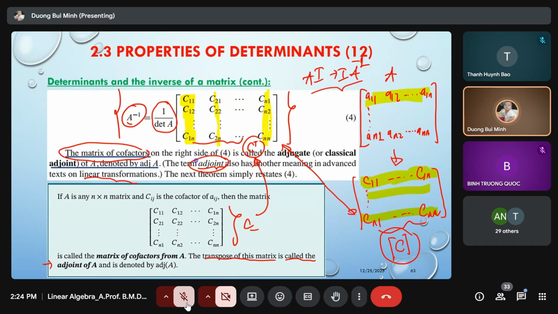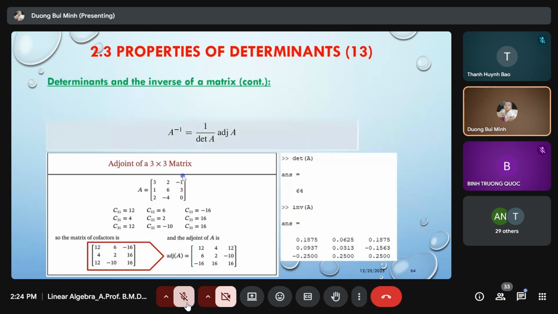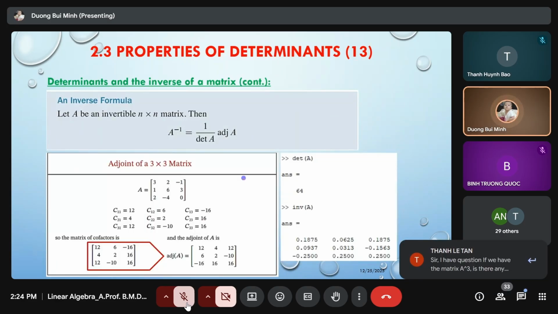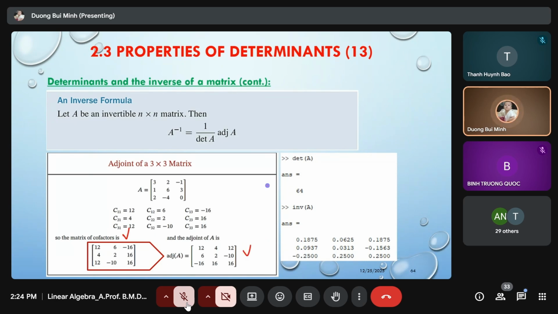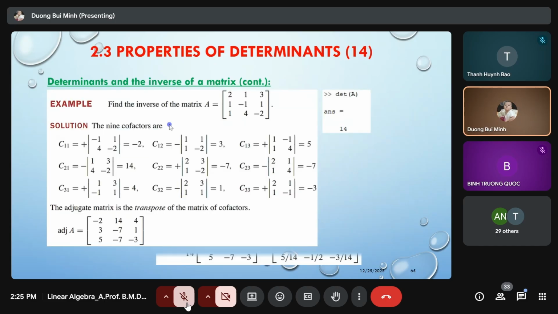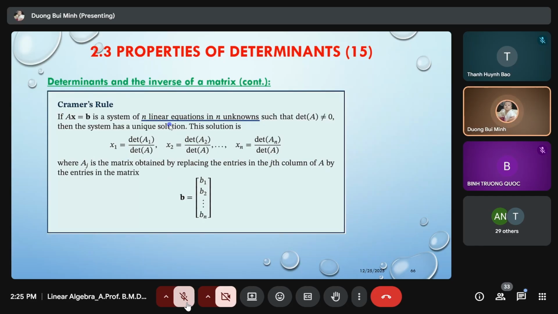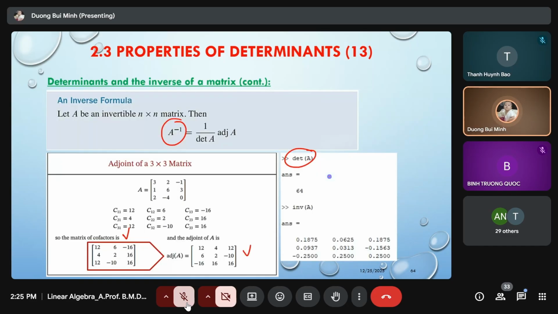We have another method to calculate the inverse of A. For example, you can get the cofactor matrix, we take the transpose, and then we calculate the determinant of A, and then you can get the inverse of the matrix. Of course, this one will not appear in the final exams. Don't worry.